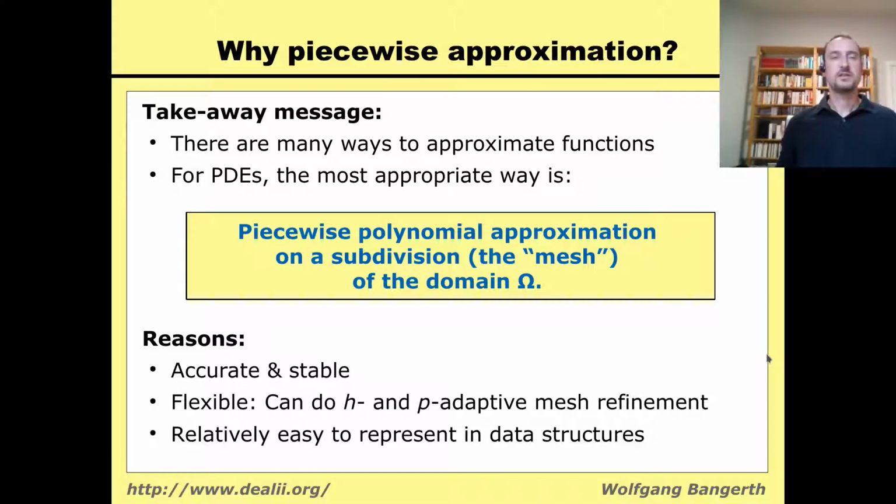So the takeaway message of all of this is that there are many ways to approximate functions, and which one is appropriate depends on the class of functions that we're interested in.